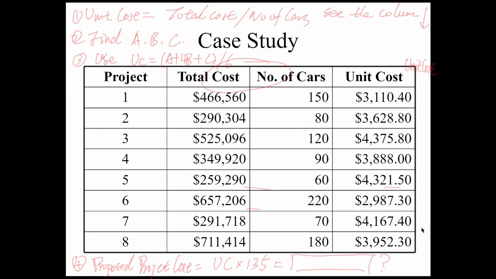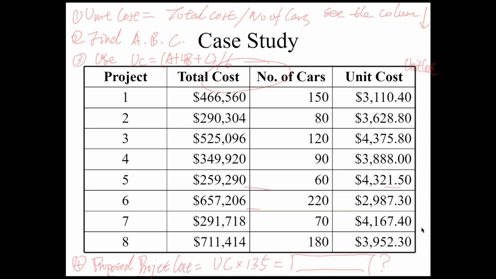Yeah, and then you have 4335.8. You have 3818.8 and 0.00. And you have 4321.5. You have 2987.3. You have 4167.4. And the last one is 3952.30. So now you found out the unit cost.